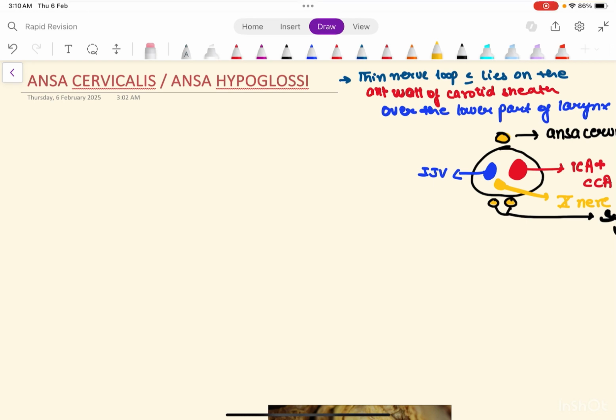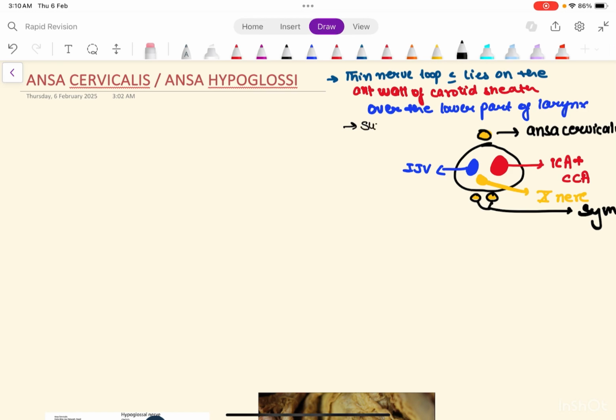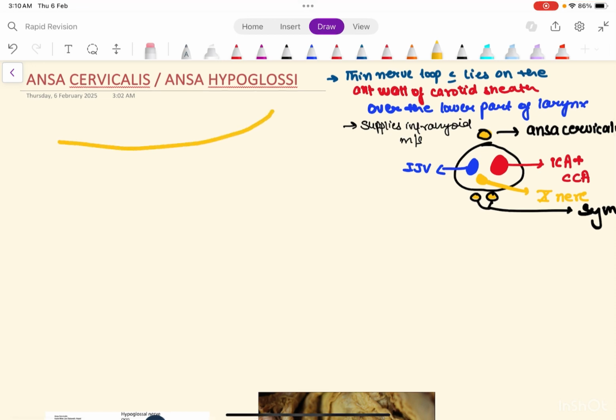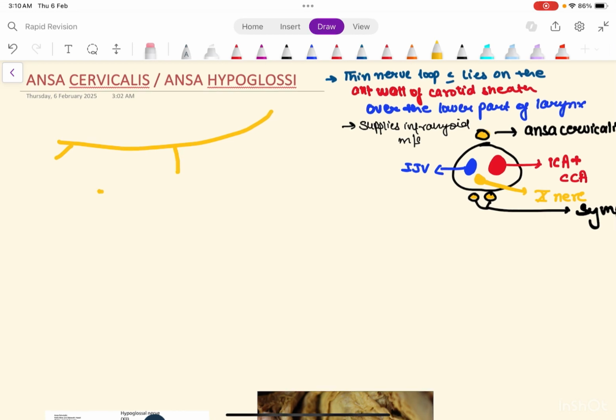Alright, then coming on to the diagram of Ansa cervicalis. Basically it supplies the infrahyoid muscles, which are a component of which triangle? You can comment that if you know. So first of all, we have the hypoglossal nerve, which supplies the muscles of the tongue.